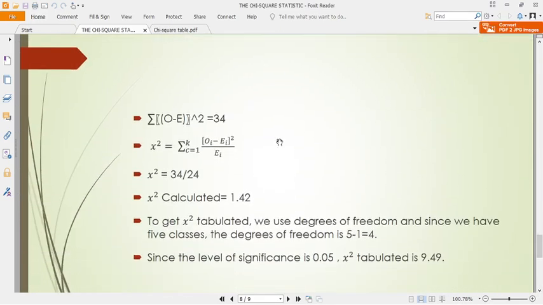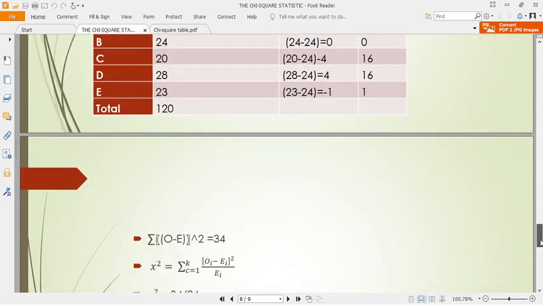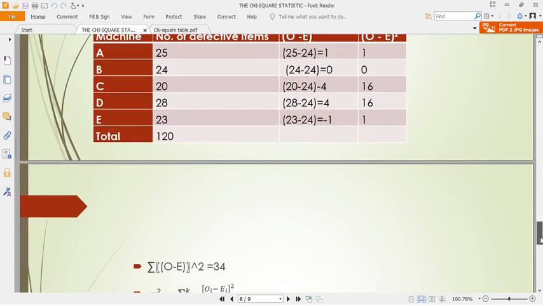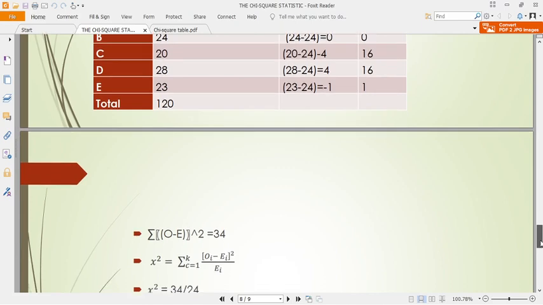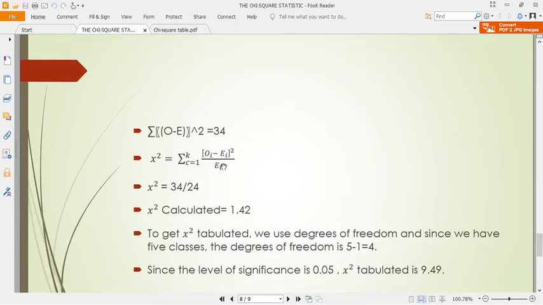So we shall have the summation of (O minus E) squared: 1 plus 0 plus 16, which is 17, plus 16, which is 33, plus 1, which is 34. And we are dividing it by the expected value, which is 24. Therefore, our chi calculated will be 1.42.